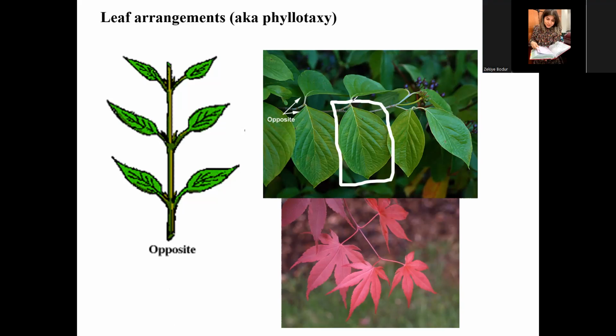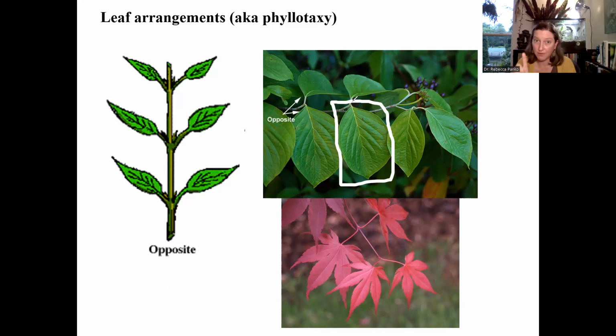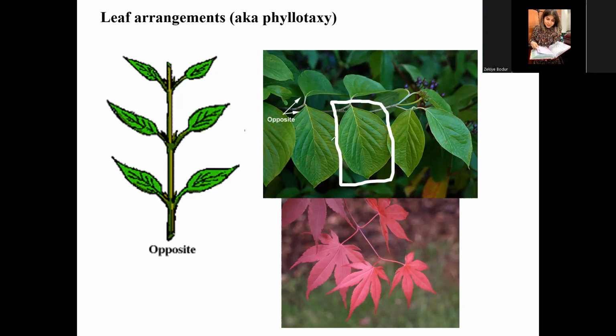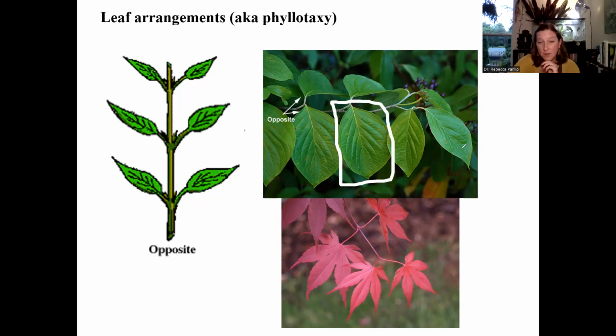Pinnata, the single one. So it's a simple leaf, right? There's only one thing above the stem. Yep, simple leaf. How about this one? It's tricky down here. Simple or compound? Compound.